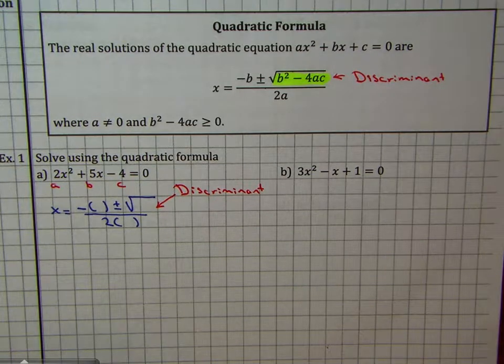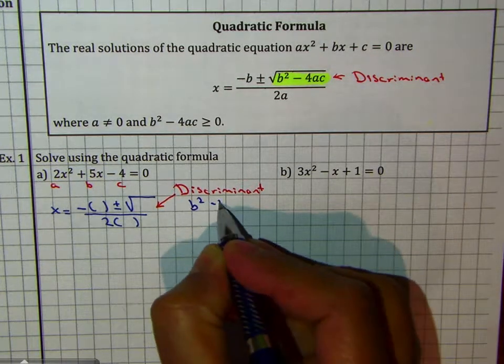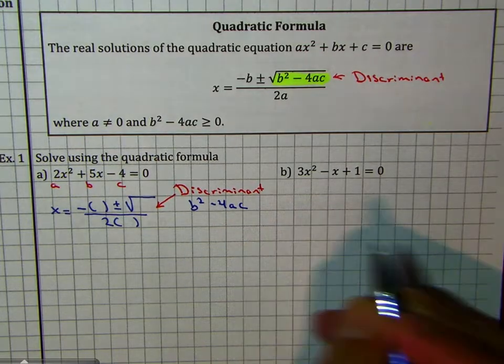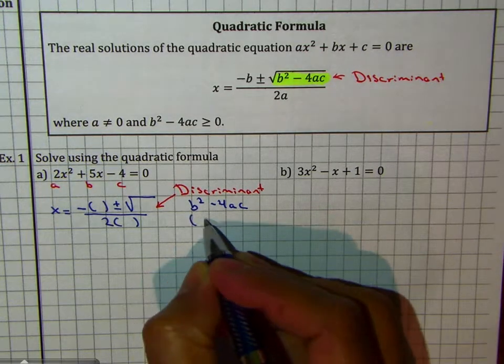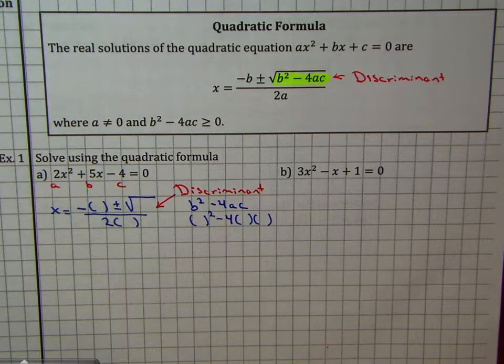And your discriminant is going to tell you the number and the type of solutions. So let's write down your discriminant. It'll be b squared minus 4ac. And let's set it up just like we did on the last lesson.